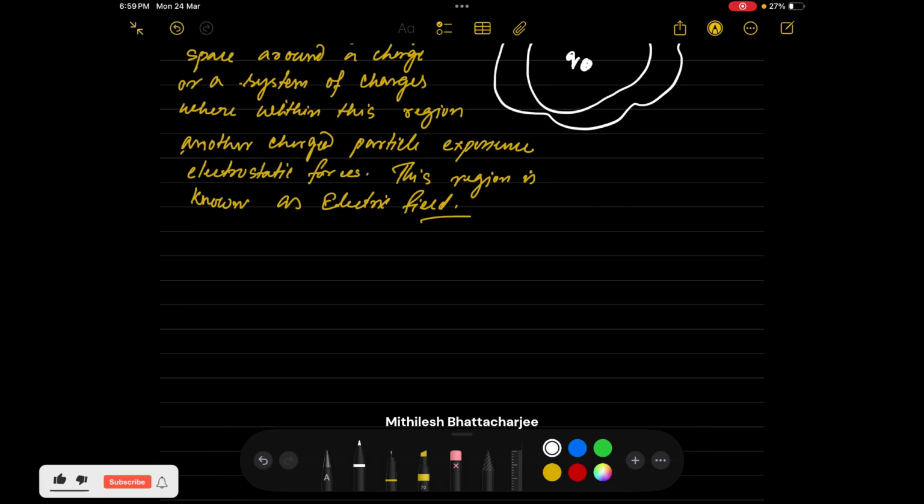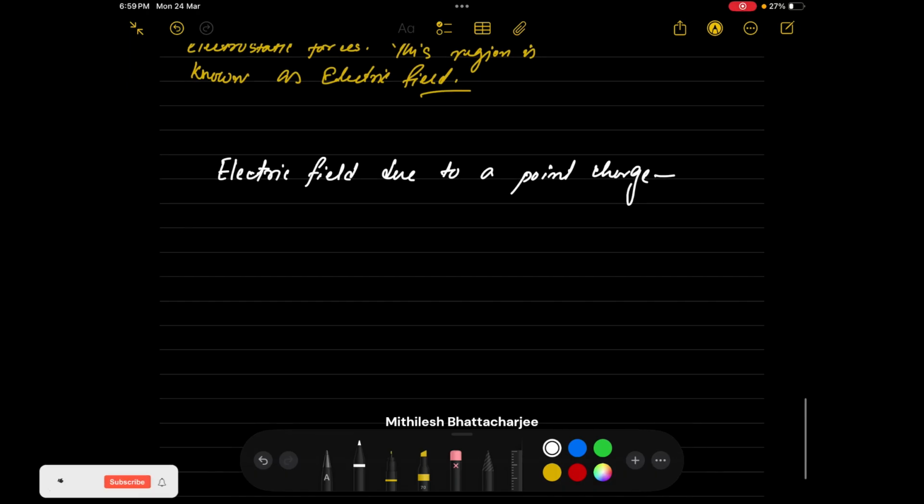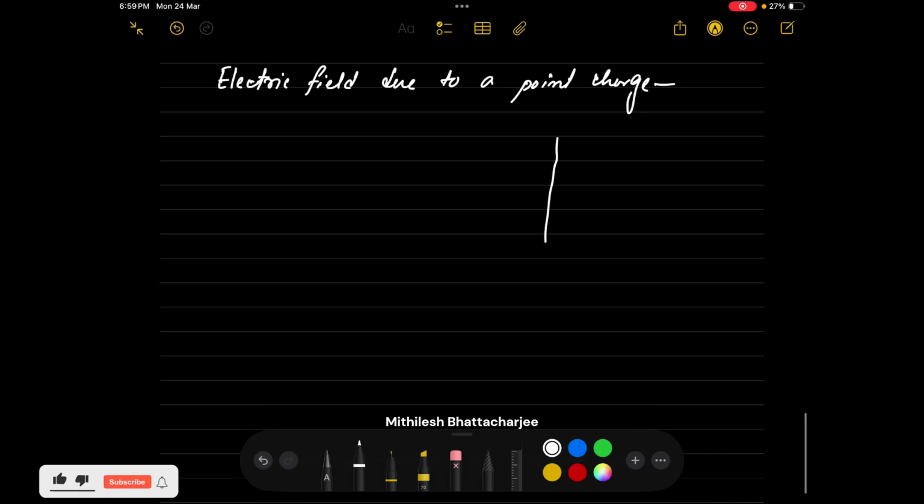So let's find out electric field due to a point charge. Let me draw first.